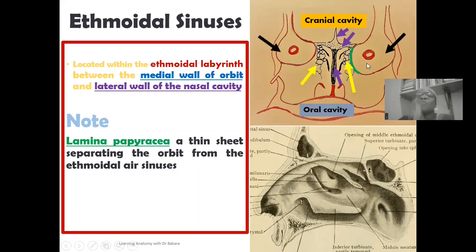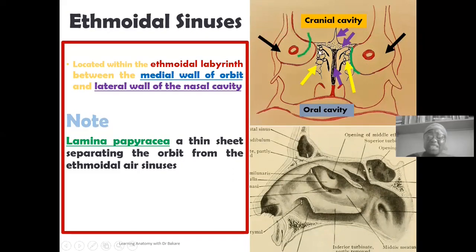So it is acting like a structural guide, separating the structures located within the orbit from the ethmoidal sinuses. And you also have this structure on the other side too, separating the ethmoidal sinus from the orbital region. So you see it lining the medial wall of the orbit, where it forms a connection with the ethmoidal sinuses.